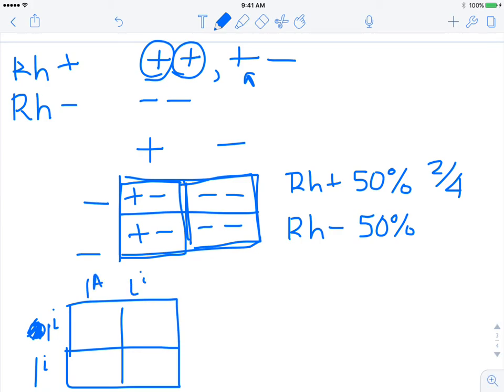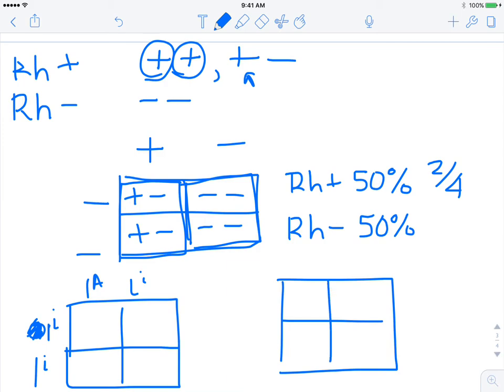So you set that up and fill that out just the way that you've done in the past. But you would also set up a separate Punnett square because the Rh factor alleles do not necessarily travel with the ABO factor alleles. So they can be inherited separately.